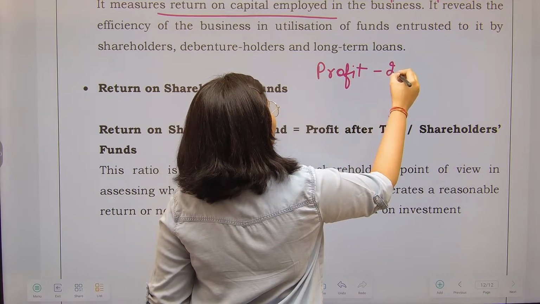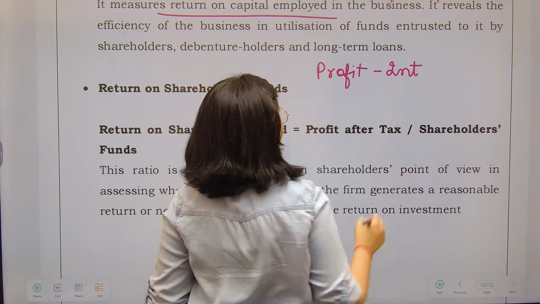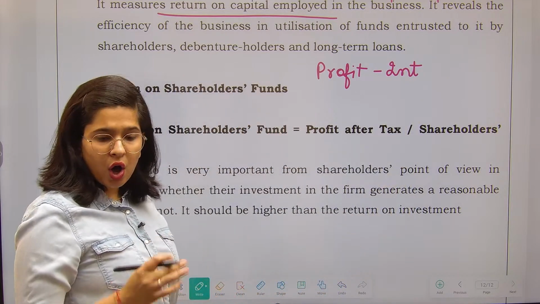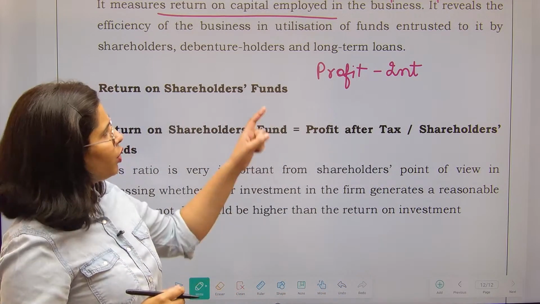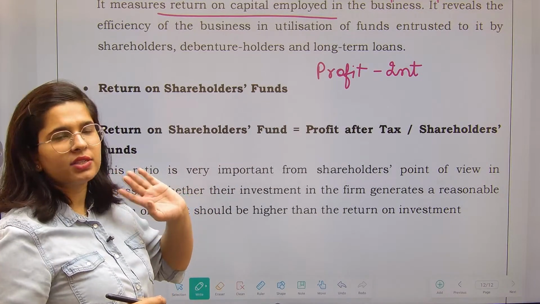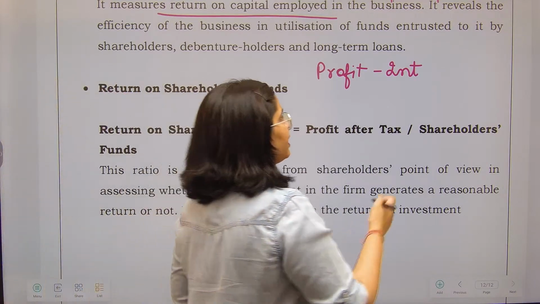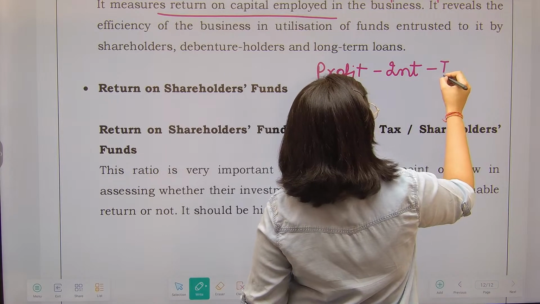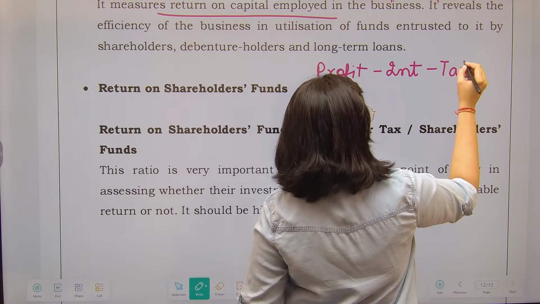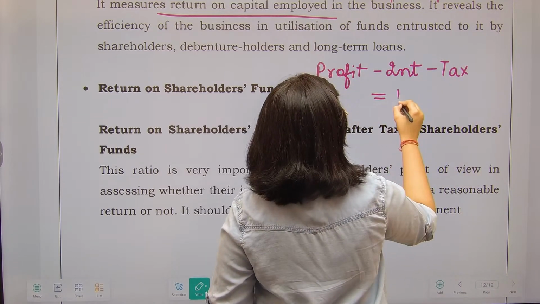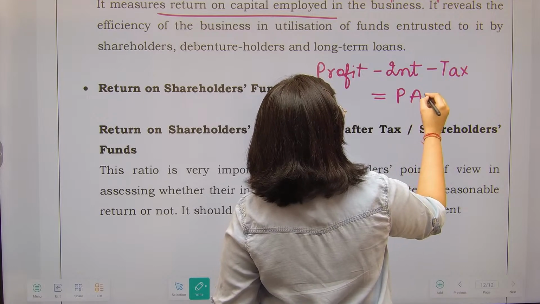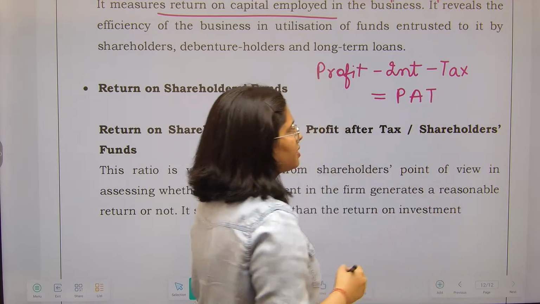Out of this profit, firstly I will deduct the interest, because the long term debts I have taken, onto which I have to pay the interest. After that, my tax will be calculated and tax will also be deducted. After this, I will receive the profit after tax.